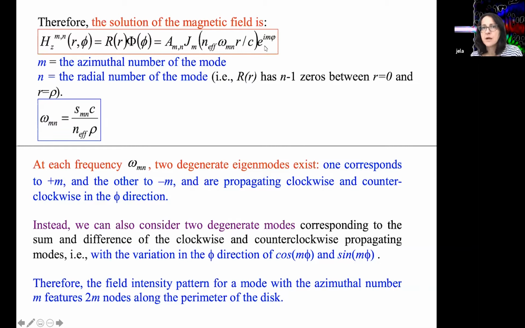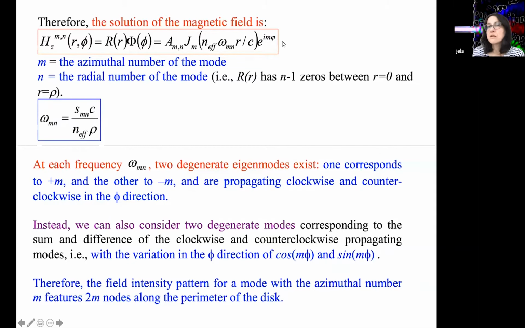So e to the i m phi plus e to the minus i m phi would give you cosine m phi, and the minus sign would give you sine m phi, right? So in either basis, you have two degenerate modes that have the same radial distribution, but they are represented with standing waves that are offset a little bit relative to each other along the edge of the disk. So that would be cosine m phi and sine m phi.